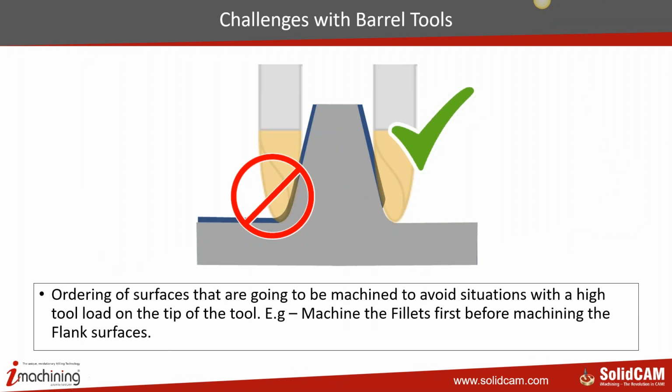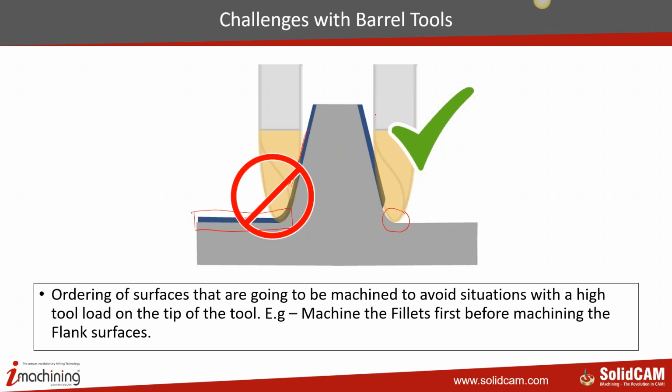Also, the other challenge, like what I explained to you, is that the barrel tool has the tip, which becomes its weak point. So the software now needs to identify which areas need to be machined first and which areas need to be machined next. For example, in this situation, it's always better to machine the bottom along with the fillet first, clear it, and then machine the flank.